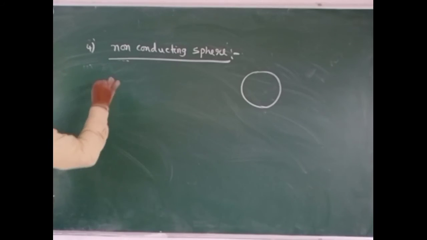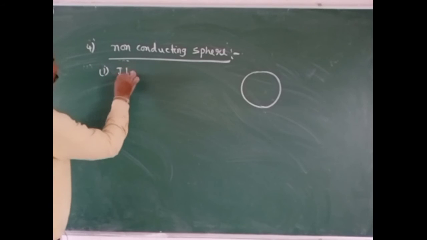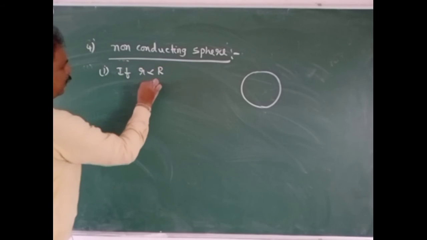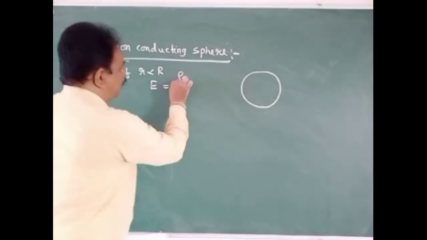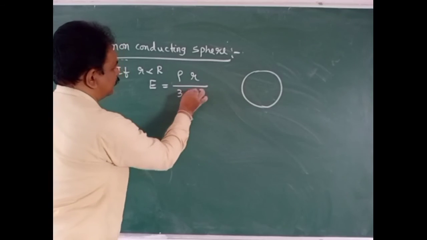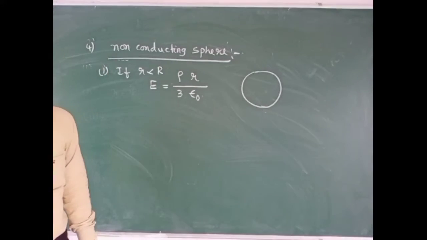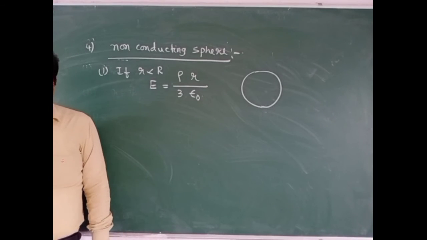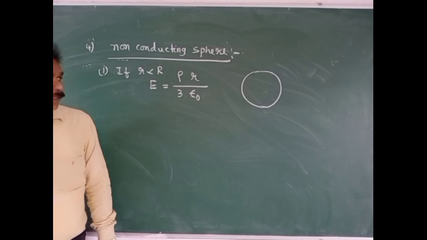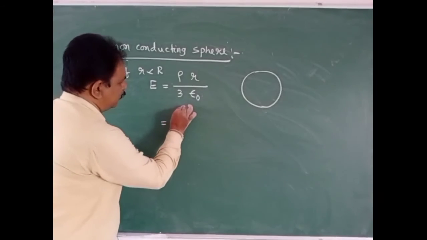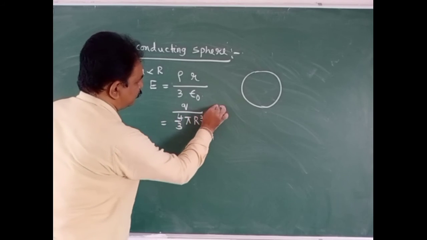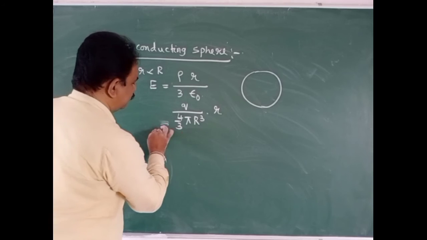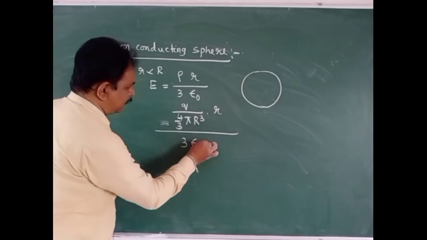Then if R is less than capital R, the field intensity formula will be rho R by 3 epsilon naught. Rho will be volume charge density, charge per unit volume. So this value, charge per unit volume into R, whole divided by 3 epsilon naught.